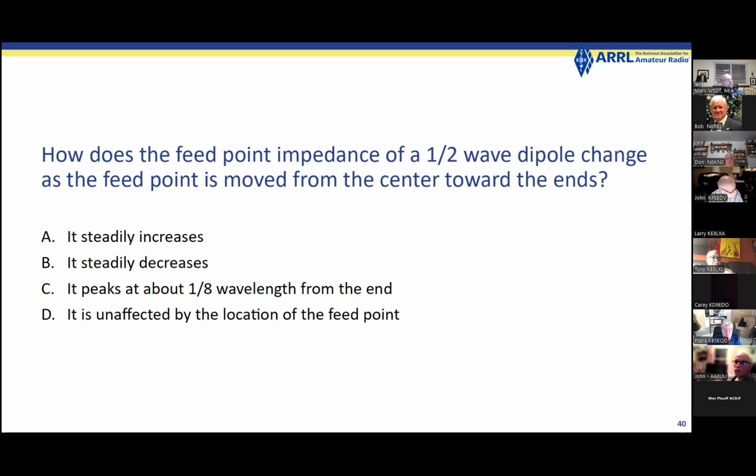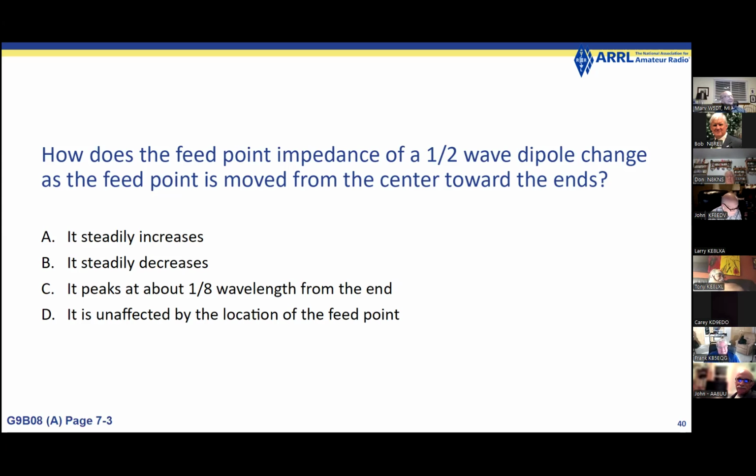I think it's Bravo again. No, it's A, it increases. Yeah, make sure you remember that. It increases.